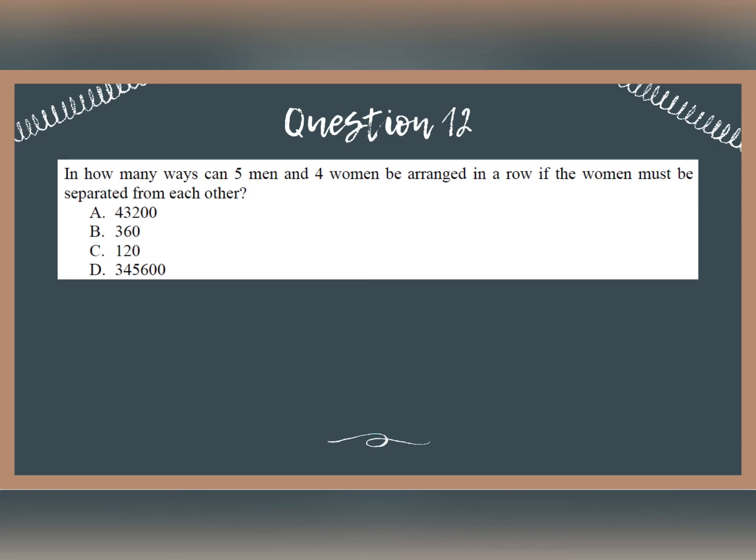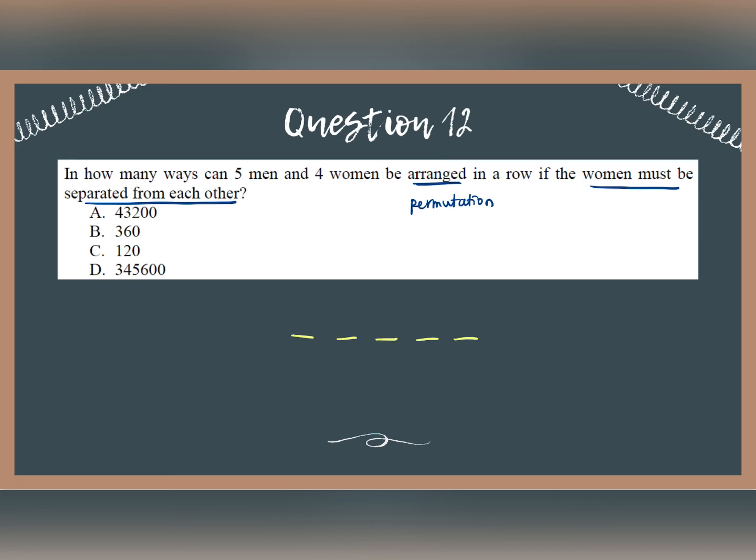Okay. Then question 12. How many ways can 5 men and 4 women be arranged? So there is the word arrange, automatically it is a permutation. If the women must be separated from each other. Women must be separated from each other. For separate we will use the case of slotting in between. Okay, so we arrange the men first. 1, 2, 3, 4, 5.